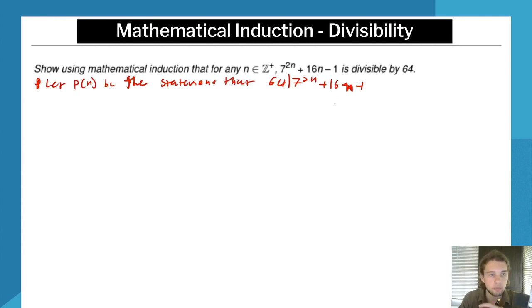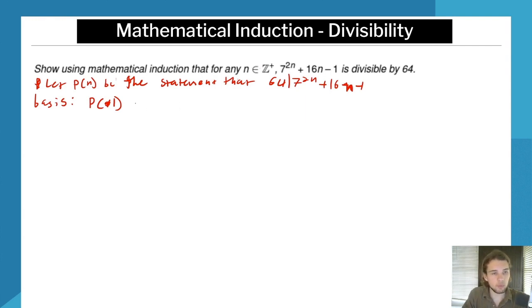So we rewrite the statement, and then we do the basis step. We're following a very similar system to last time, the system of mathematical induction. Let's consider P1, because that is the minimum value of our well-ordered set of the positive integers.